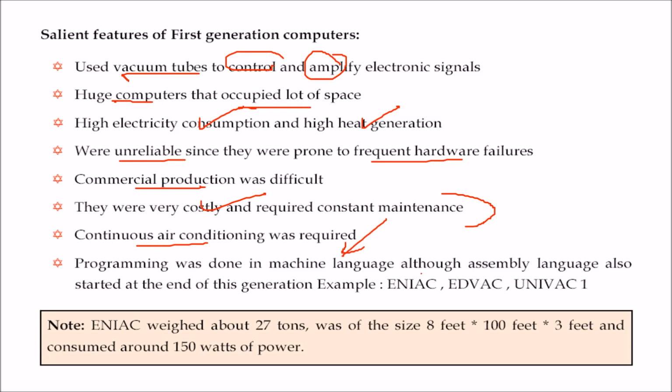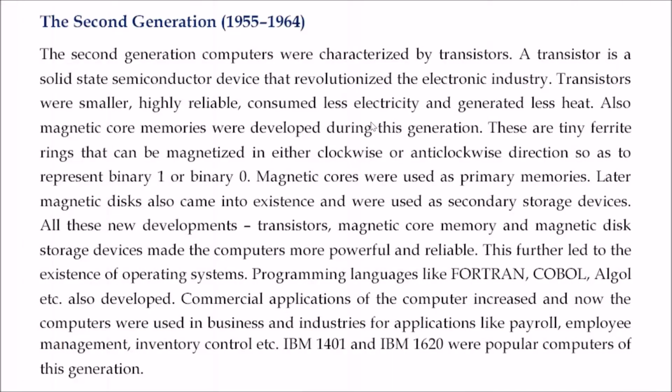By the end of this generation, assembly language had also come. So ENIAC, EDVAC, UNIVAC 1, these are all first generation computers. In fact, ENIAC weighed 27 tons. The size was 8 by 100 by 3 feet and it consumed around 150 watts of power.